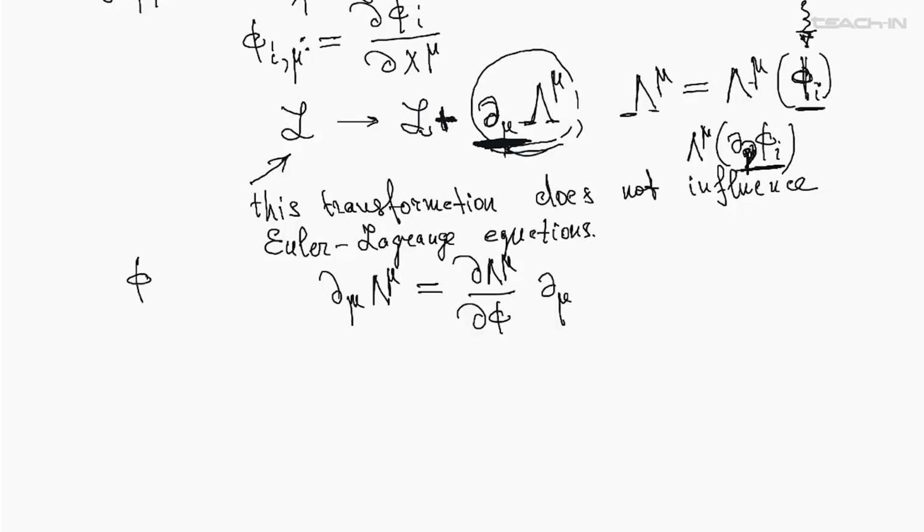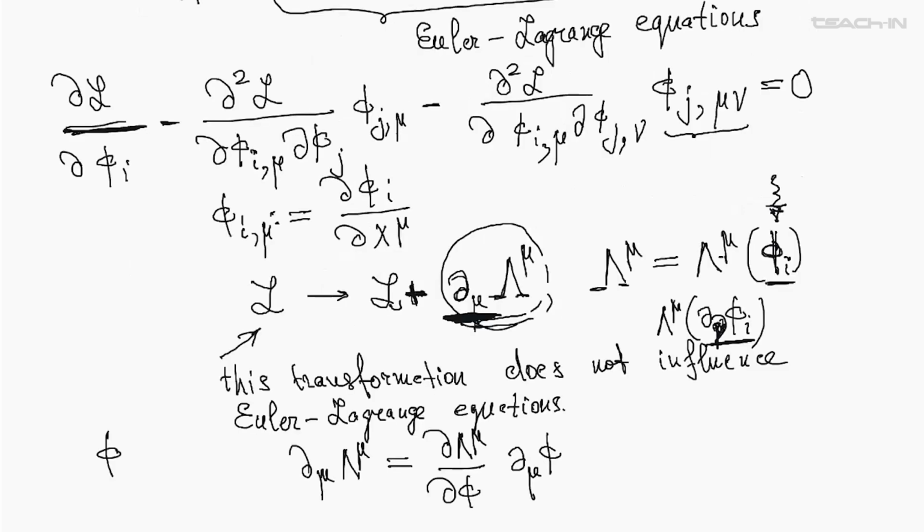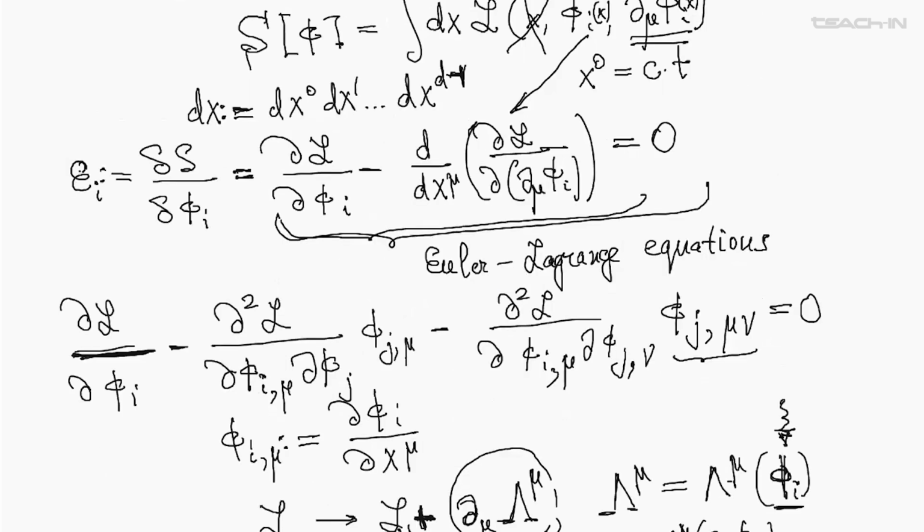And then you may trace how under this addition the Lagrangian derivative changes. So we know what the Lagrangian derivative is. It is given by this expression here. So now to see how this derivative changes, we can substitute instead of the Lagrangian in this formula this additional term and see what happens.